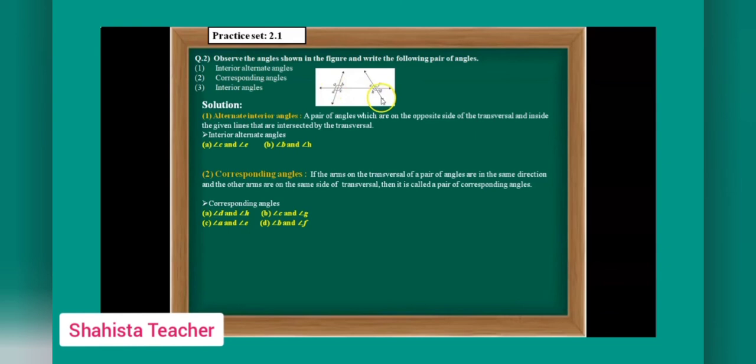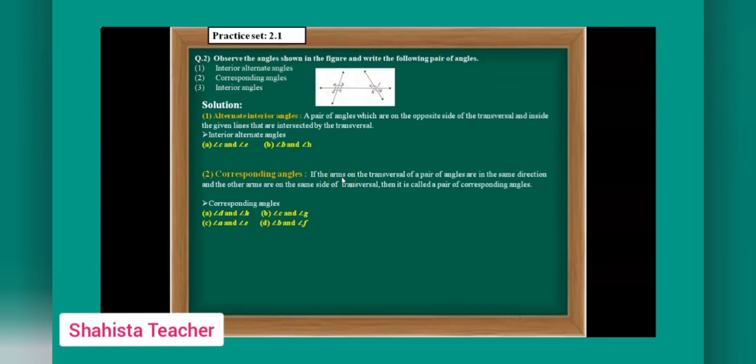For angle C, the pair is angle G. And for angle B, the pair is angle F. And for angle A, the pair is angle E. Is that clear?